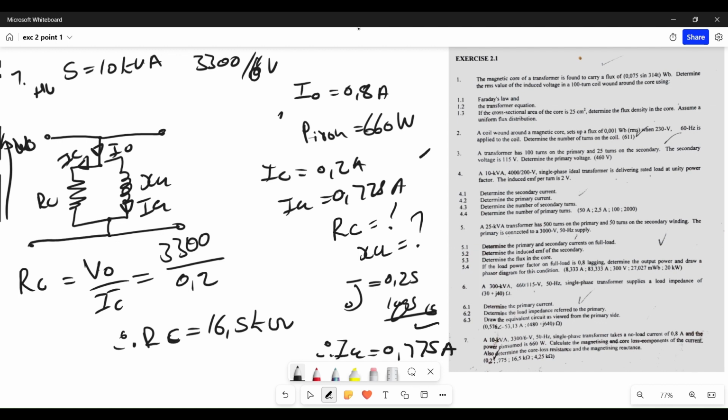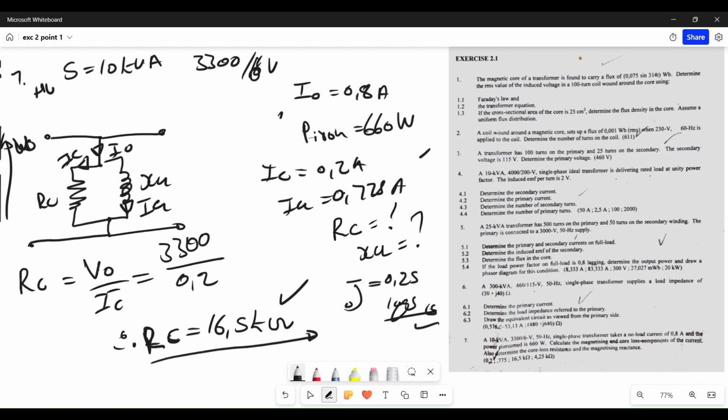Sorry, kilo ohm, not kV. This is RC. Therefore RC is equal to 16.5. This is our RC, which is called the core loss resistance.